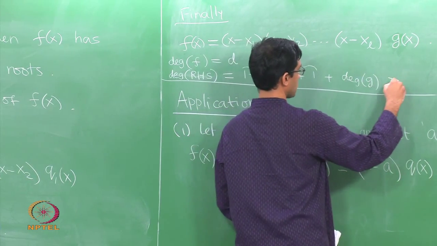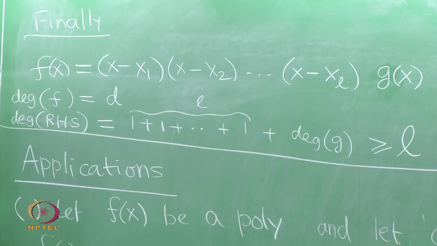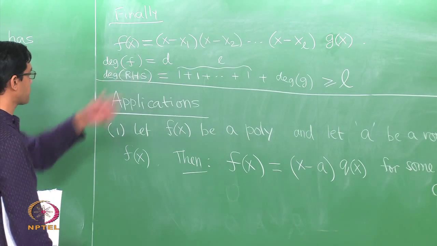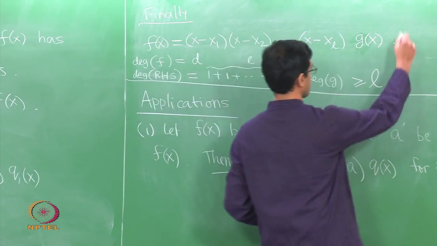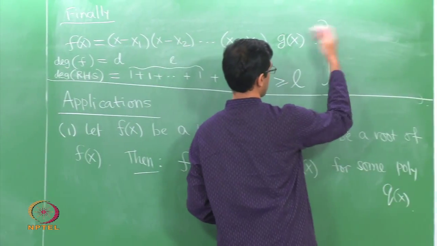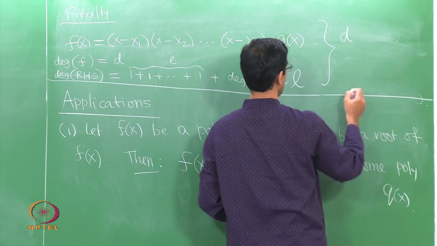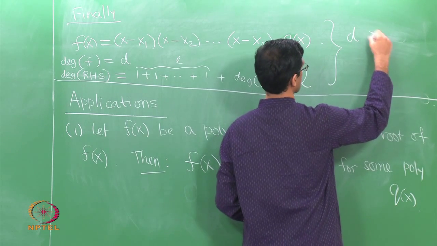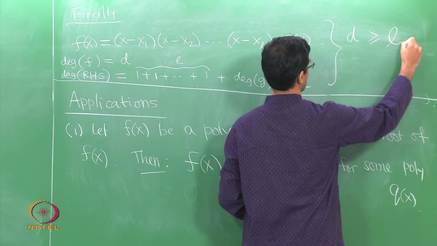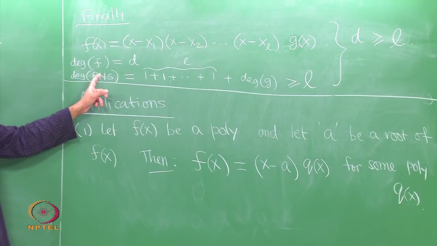So whatever this is, it is at least L, okay. So the degree of the right hand side is at least L, whereas the degree of the left hand side is exactly D. So what do you conclude from here? Hence, since the left hand side and the right hand side are both equal, you conclude that D is the degree of the left hand side, and so that is at least L, because the right hand side is the same as the left hand side.